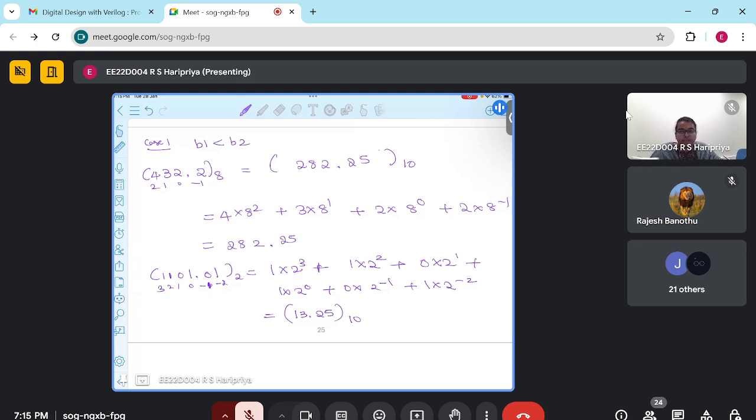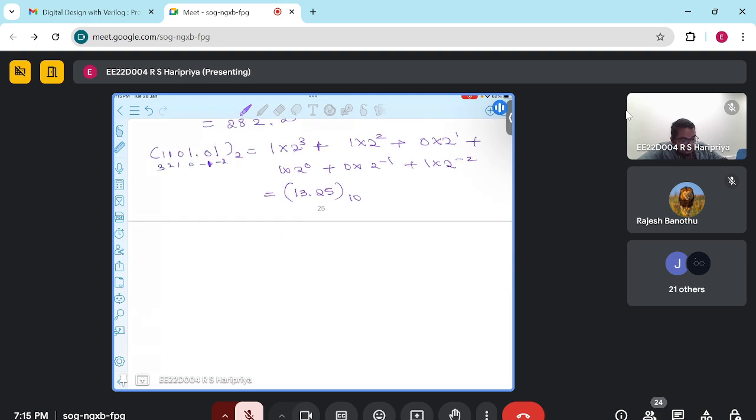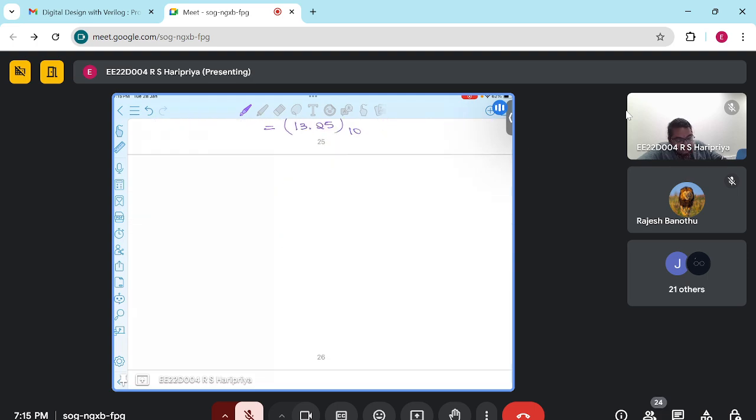And this applies to number systems like base 8 or 2, which are lesser than decimal. So the next case: if we have base 10 and we want to convert to base 8 or base 2, that is, the given base is more than the base which we want to convert to, like say 580 in base 10.